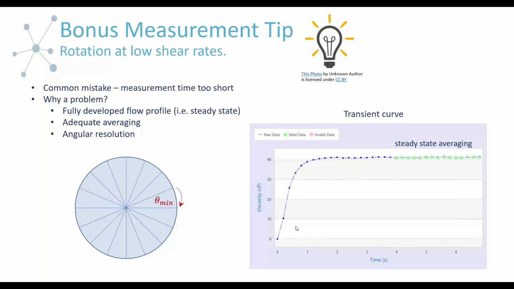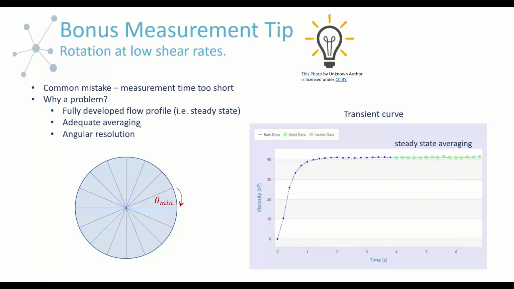And this is actually for an experiment at a much higher rate on one of our instruments. But when you're dealing with these extremely low rates, this would be dragged out to minutes or longer. But it makes the point that what we need to do is get to a plateau and then have enough data on the plateau to get a good amount of averaging.